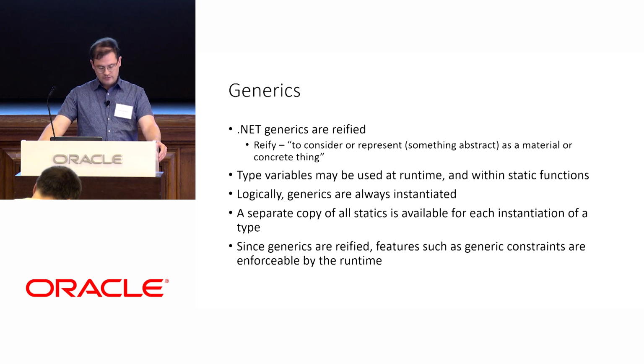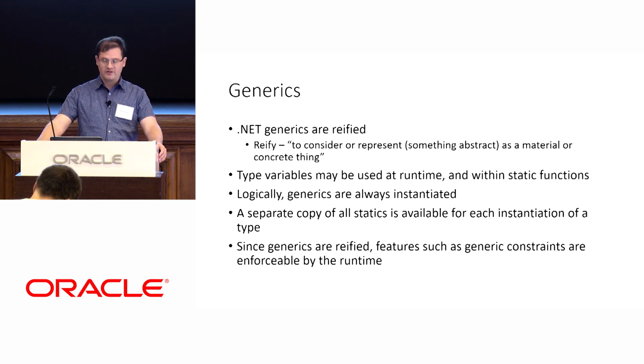The general core rule is that it's possible to use a generic type variable in any part of a type for any reason that any other type might be used for. Let's trace one series of behaviors that follows from this concept. Any field, including a static field, can be of type T. From that, it follows the memory layout of static variables is dependent on the type variable.